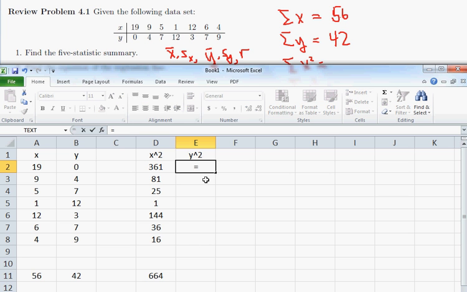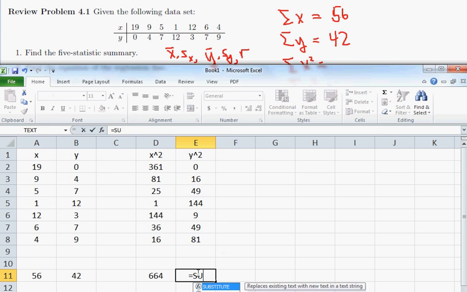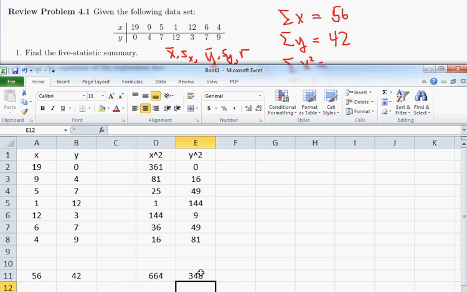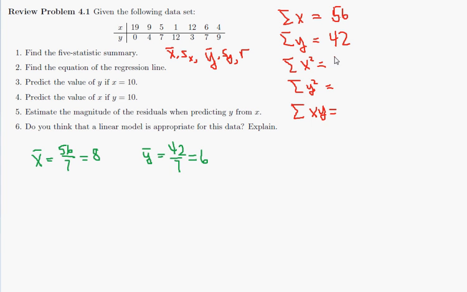Similarly, if I add up the y squared values, I get 348. So this is 664, and y squared worked out to be 348.